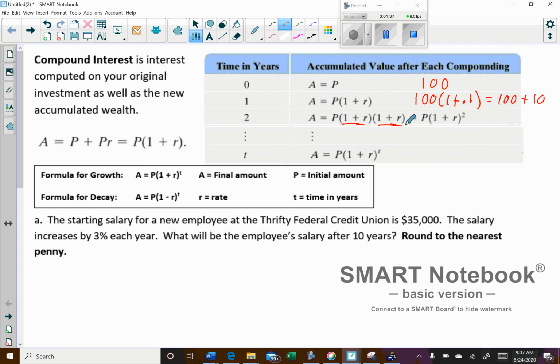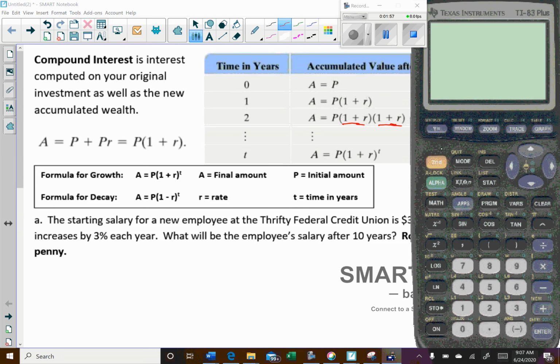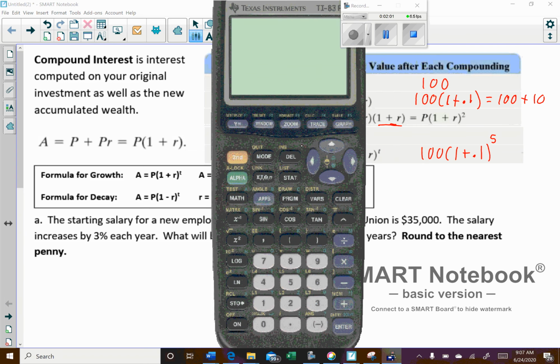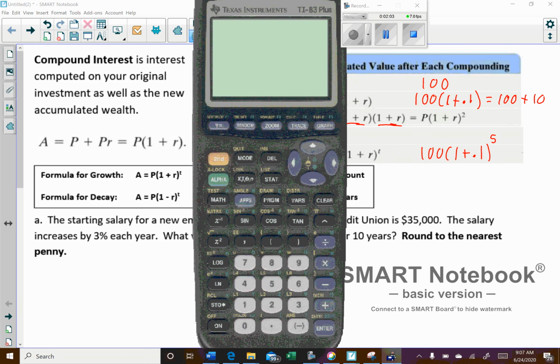For example, let's say that you have $100 and you're getting a 10% return every year for 5 years. Instead of having to write it out as 1 plus 0.1 five times, you can just raise it to the power of 5. You can use whatever calculator you want, but you should be able to download something similar to this for free.